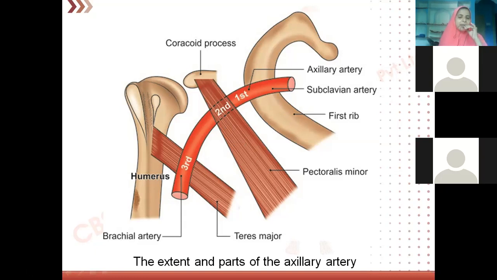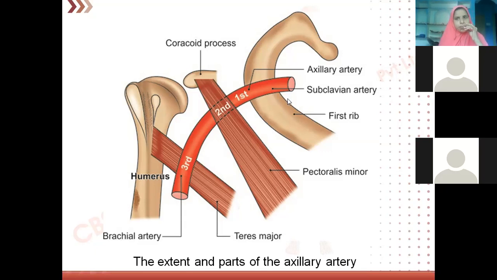It's very easy to remember the various branches. Overall, it gives 6 branches. First part gives only one branch, second part gives 2 branches, third part gives 3 branches. 1 plus 2 plus 3 is 6 branches. We will elaborate on this as we proceed.